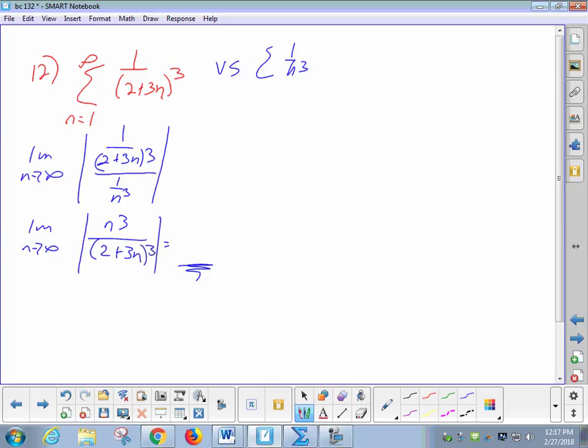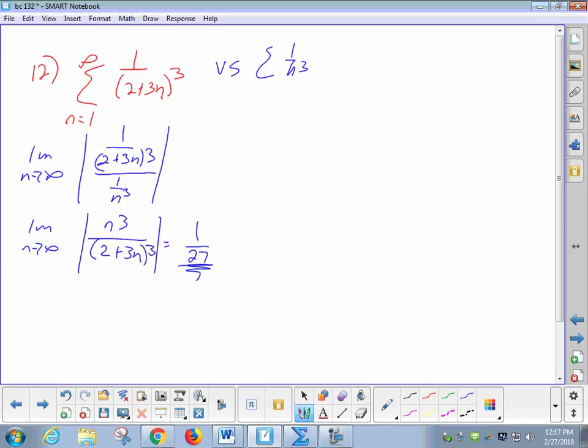No, but will I mark off for you bad limit skills? Yes, I will. I can expect you to evaluate a limit. What's the limit here? 1 over 1, 1 over 3, 1 over 27. It's 1 over 27.